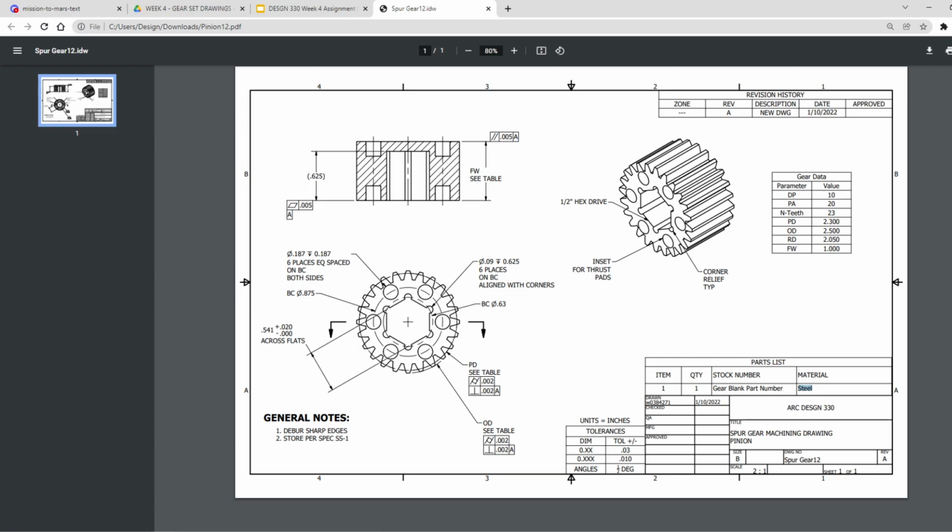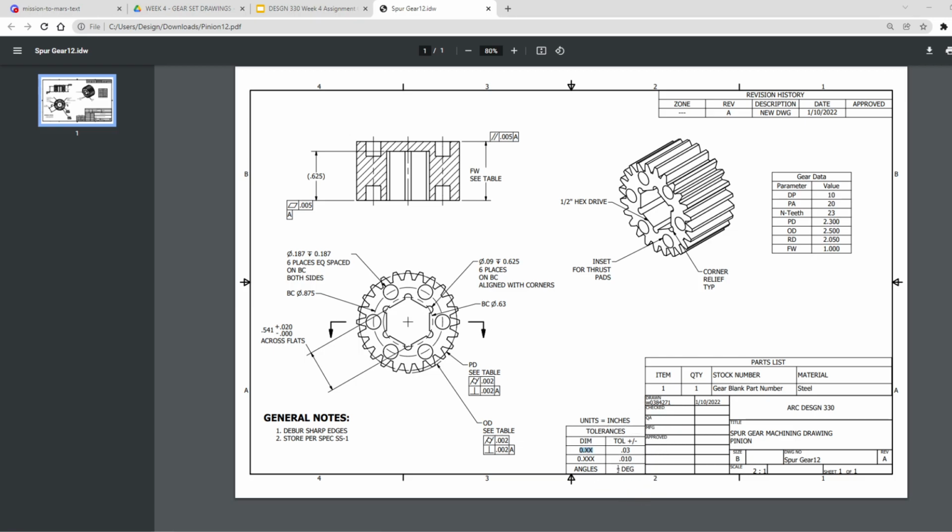I have to know how closely to this number I need to make it. Well, in this case, if it doesn't have anything special put by it, this one's got special. Okay, if there's nothing special, I go to my standard tolerances. And it's got 2 decimal places, so I would read 2 decimal places. And it says I could be plus or minus 0.03.